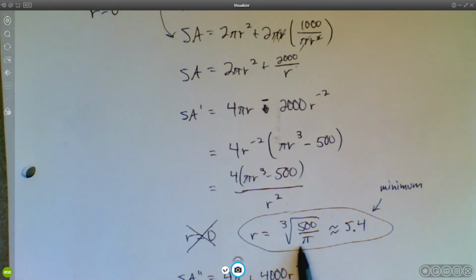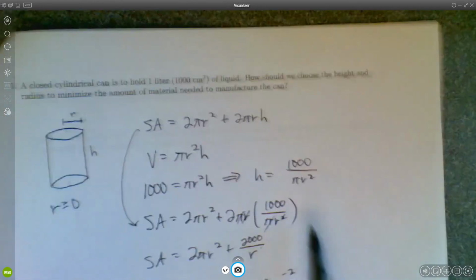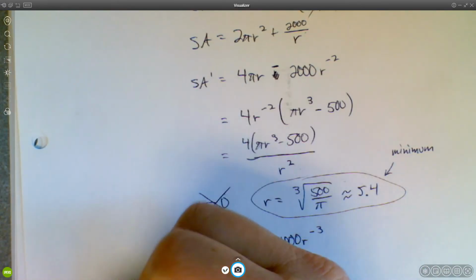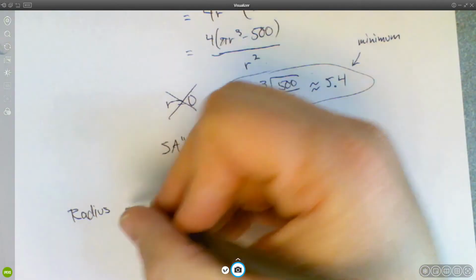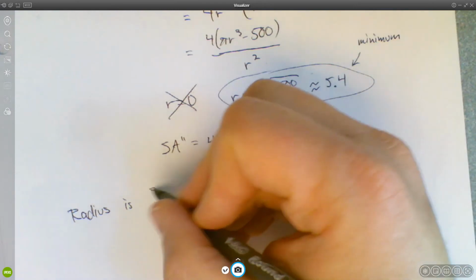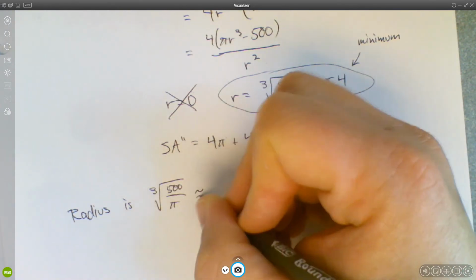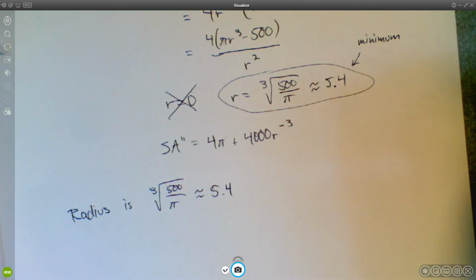Well, we know that the radius has to be cube root of 500 over pi. What does the height have to be? The height has to be 1,000 over pi times this thing squared. So the radius is cube root of 500 over pi, which is approximately 5.4 centimeters.